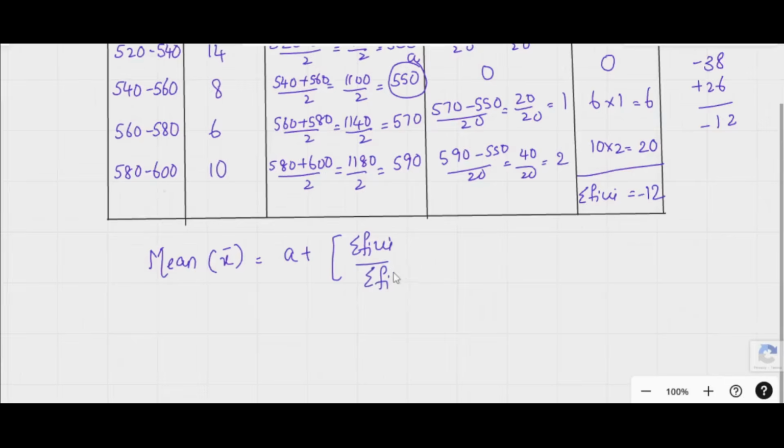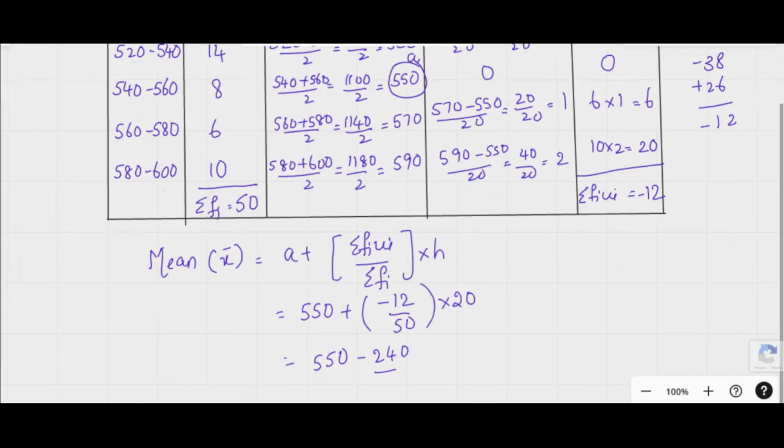That equals 550 plus minus 12 by 50 into 20. Sigma fi, when I add all these terms, I got 50. 12 twos are 24, so 550 minus 240 by 50.